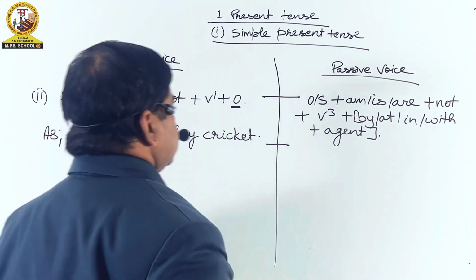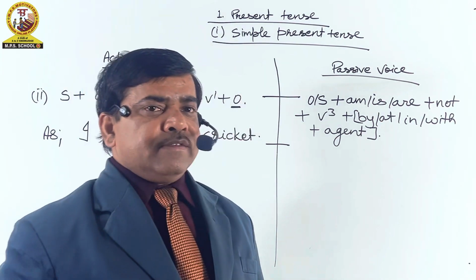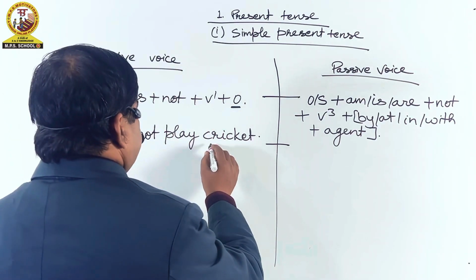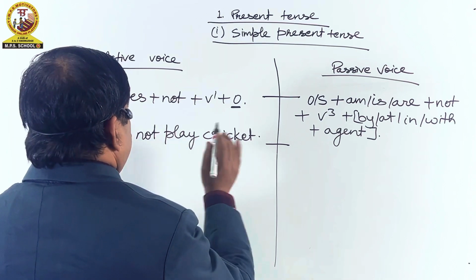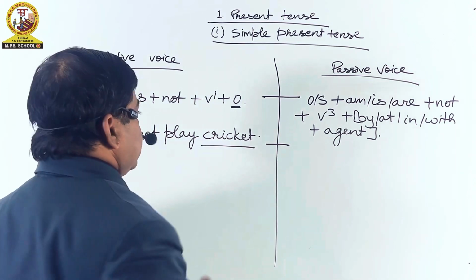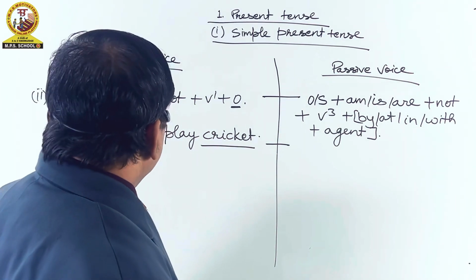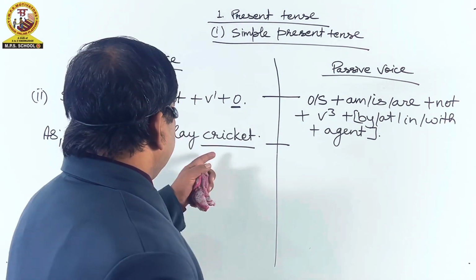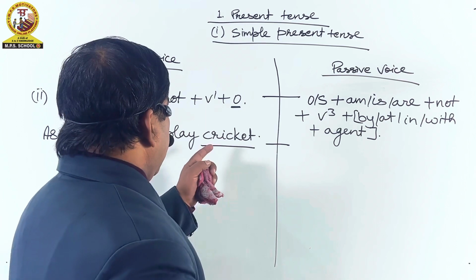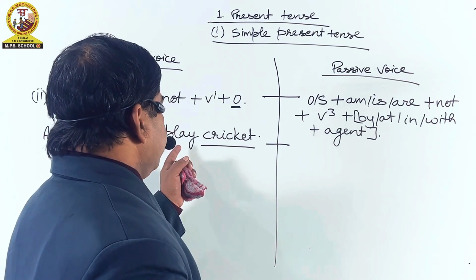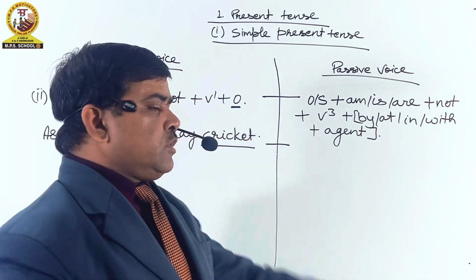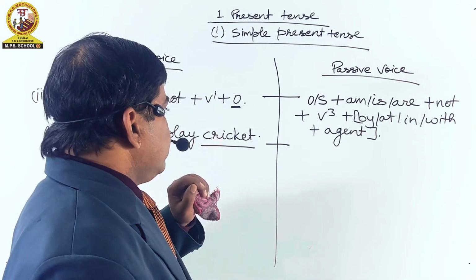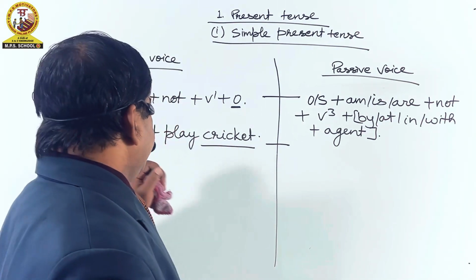Now we will change this sentence into passive voice. To change this sentence into passive voice, we will first recognize the object, because in negative sentences we have to take the subject first, and the object of the active verb is changed into the subject of the passive verb. So here cricket is the object of the active verb play, or do not play.